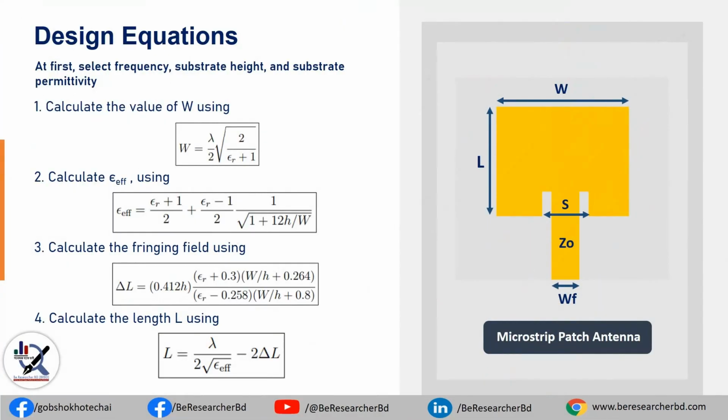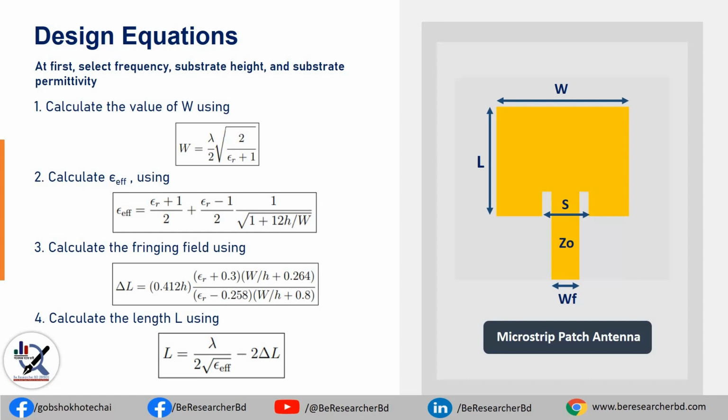Having known all these basic concepts, now it is convenient to look at the design procedure of the microstrip patch antenna. To start the design process, at the very beginning, you should select the operating frequency of your antenna, the substrate material, and the substrate height. Once you have selected these three things, you are ready to go through the following equations to calculate the antenna dimensions.